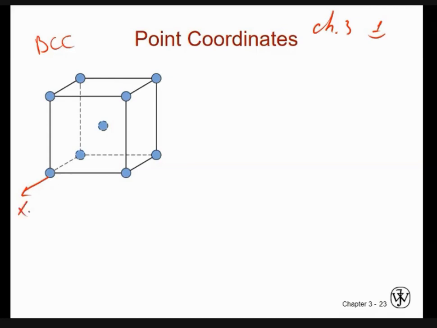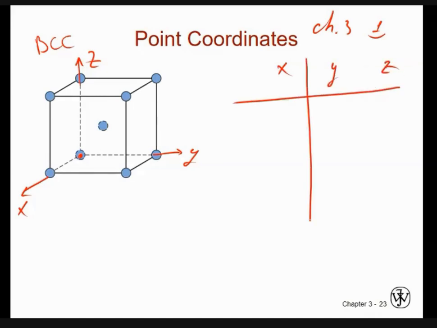So let's say this is X. It's up to us to choose whichever we want, Y and Z. This will be the origin. For my origin, let's say X, Y, Z. Like this.